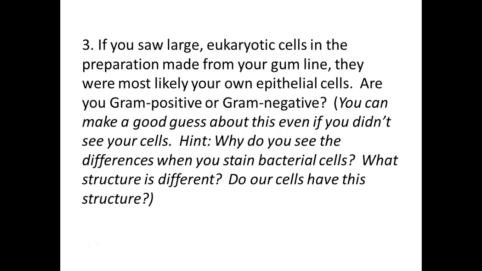No. So they're definitely not made of peptidoglycan. So can we trap in the crystal violet iodine? No. We're going to be pink, so we are gram-negative. Doesn't really matter for us, right? Because that doesn't tell us much information, right? We don't stain our cells with the gram stain because they're all going to come out gram-negative.